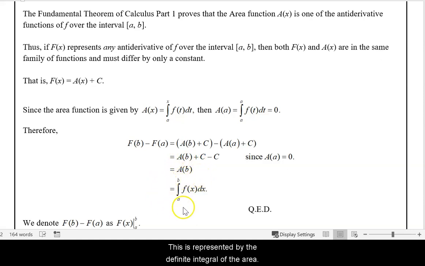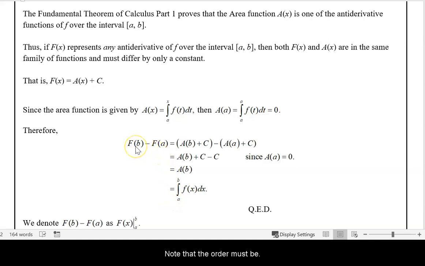This is represented by the definite integral from a to b of the function f of x. This proves that this formula for finding the value of the area under the function f can be done by taking any antiderivative function and plugging the upper limit and lower limit of integration into the antiderivative and subtracting them.